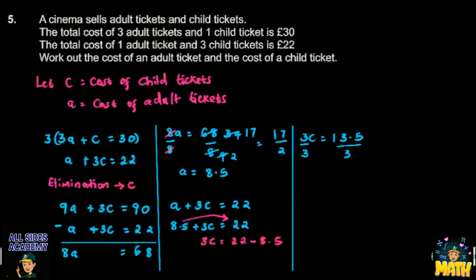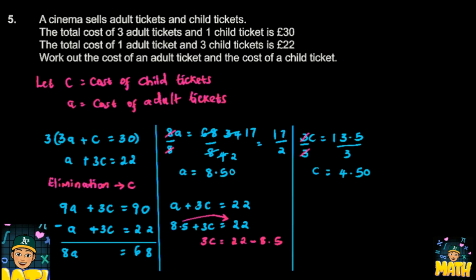So when I do that, I get C is equal to 4.5. So that means because the A and the C were representing the cost of each of those tickets, the cost of the adult tickets will be £8.50, while the cost of the child tickets will be £4.50.